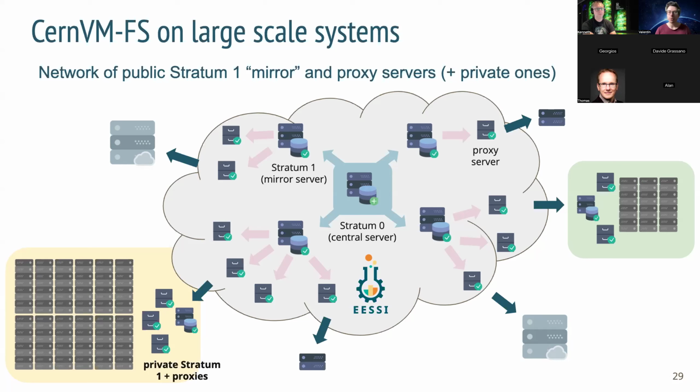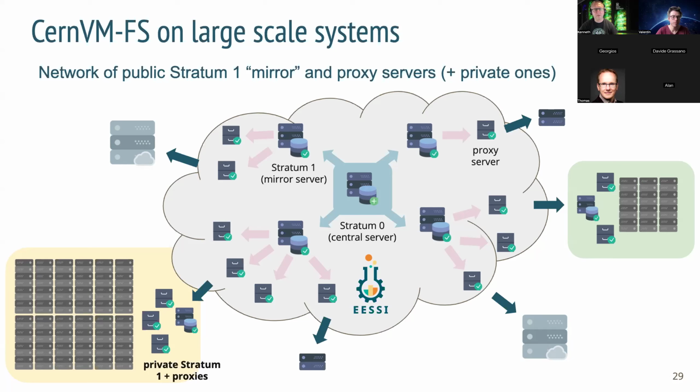Typically you have a regional Stratum 1, and then a proxy that is closer to the data center. If you run the whole Stratum 1 yourself, in principle it's a similar thing. A proxy might still help you take load off the Stratum 1. So it's very possible to add a proxy if you see that your Stratum 1 cannot keep up with doing snapshots and serving data, and you're getting worse performance from that.